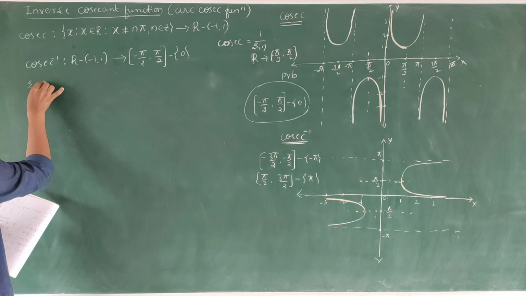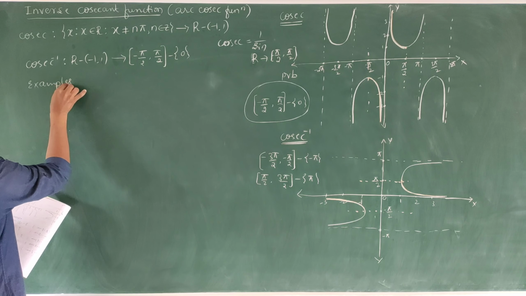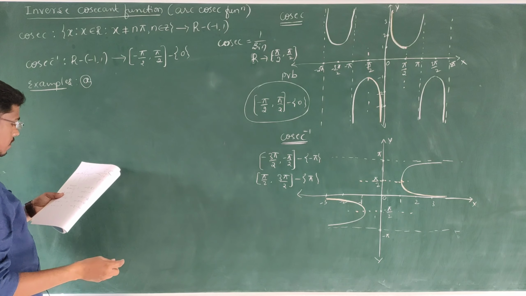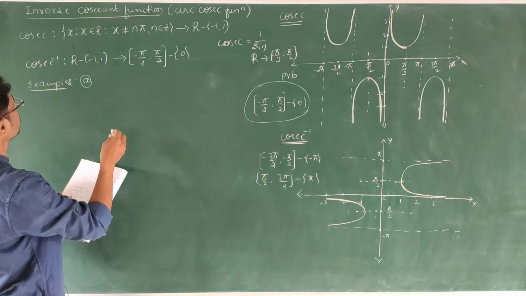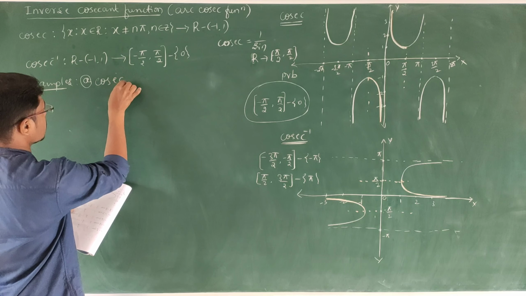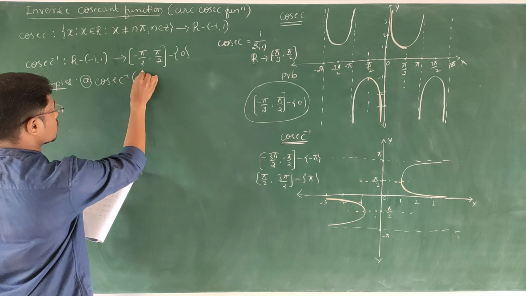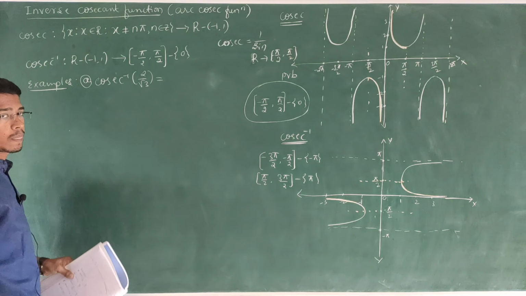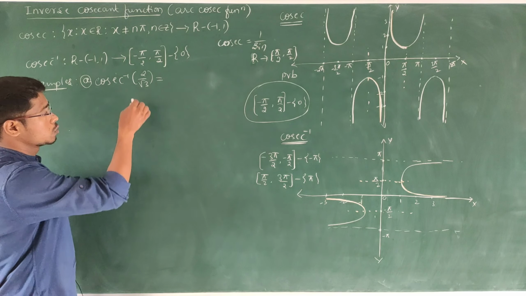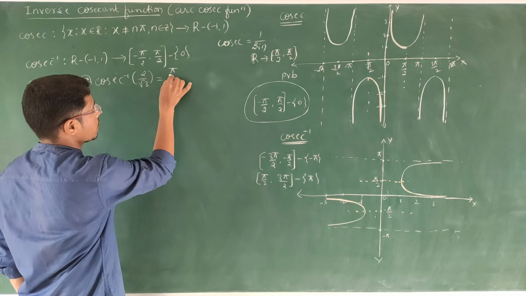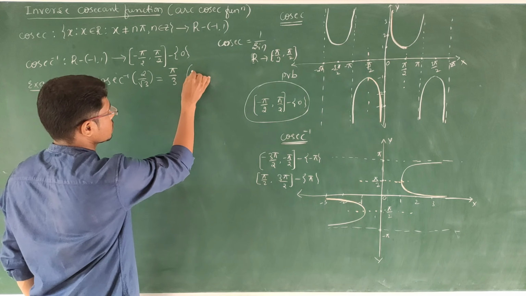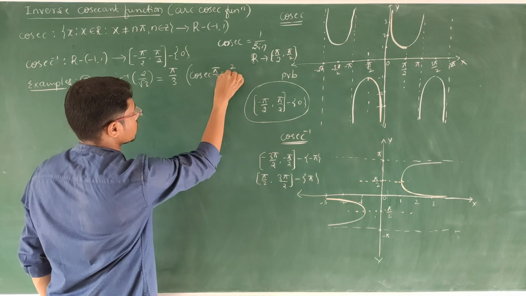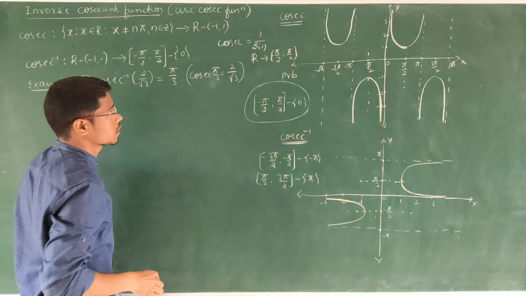Examples. A, cosec inverse of 2 divided by root 3. So this is equal to pi divided by 3, because cosec pi by 3 equals 2 divided by root 3.